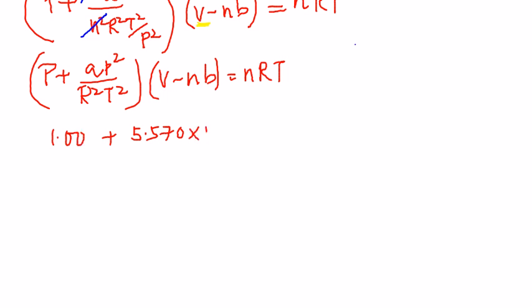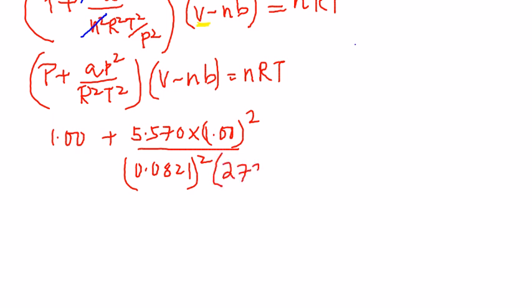So pressure is 1, squared, divided by R, which is of course 0.0821, squared, and T is 273.15, squared.